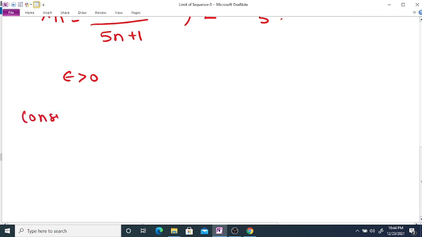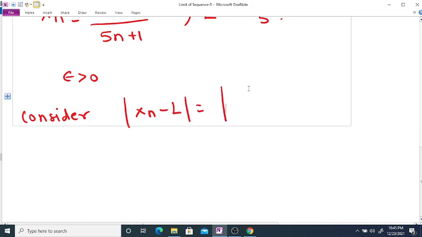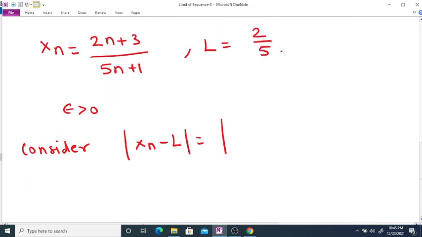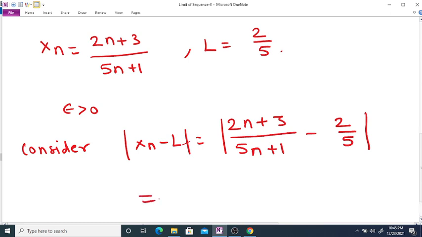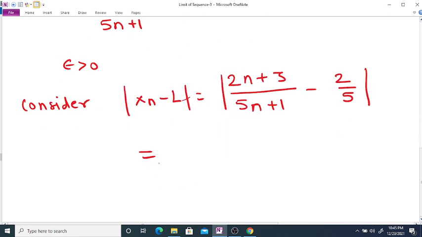Consider the term xn - L. So it is equal to (2n + 3) divided by (5n + 1) minus 2/5.